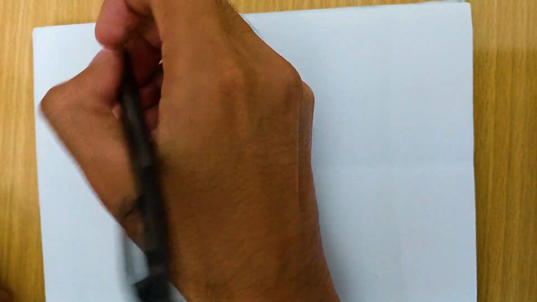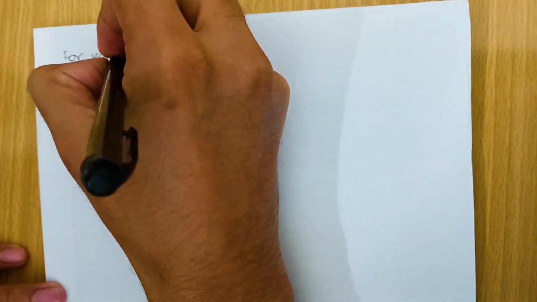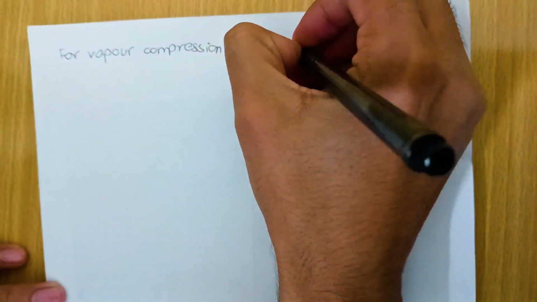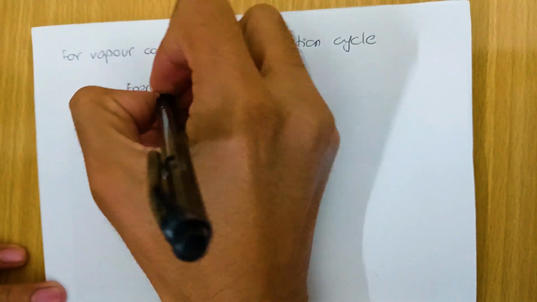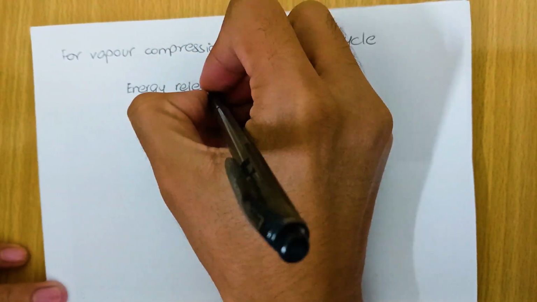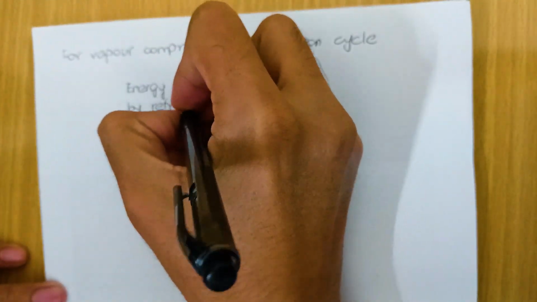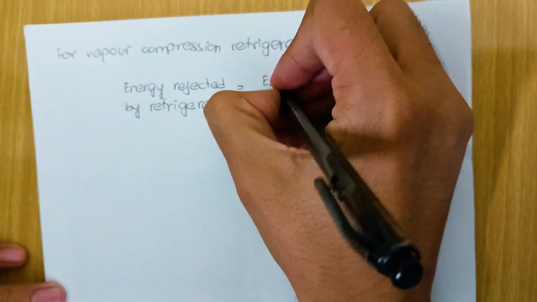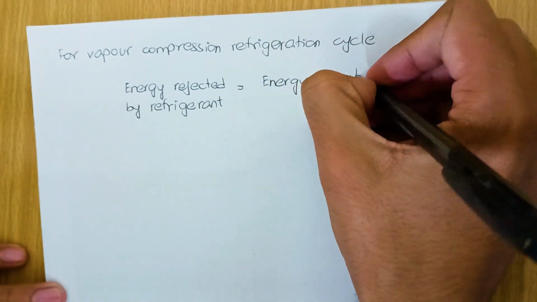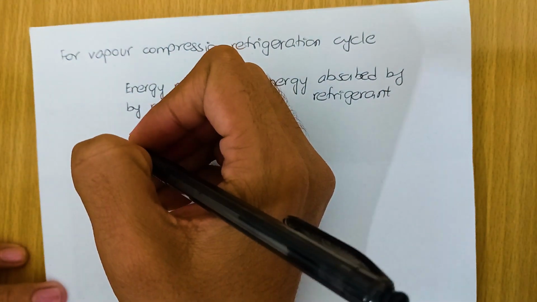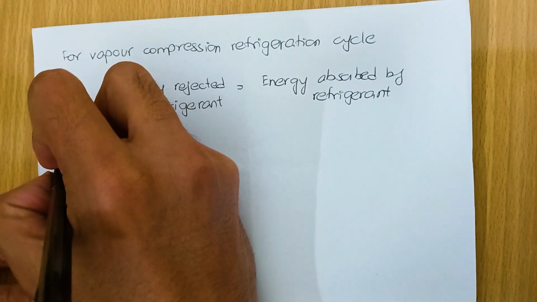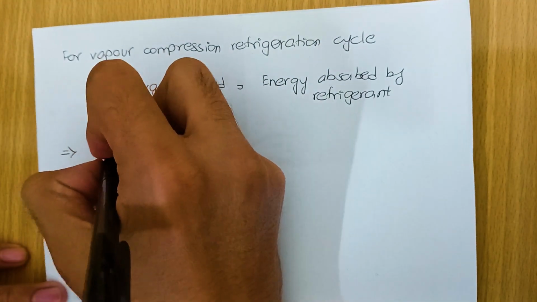For vapor compression refrigeration cycle, since it's a cyclic process, we can write that energy rejected by refrigerant is equal to energy absorbed by the refrigerant. As discussed previously, in a heat exchanger, heat energy rejected by hot fluid is equal to heat energy absorbed by cold fluid.